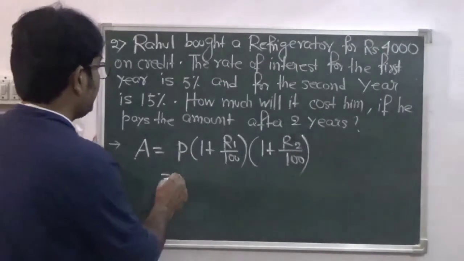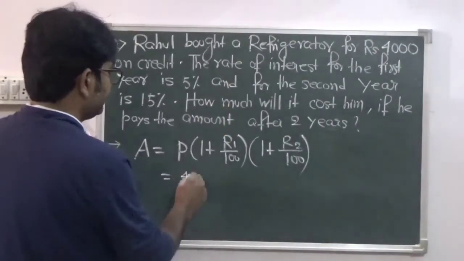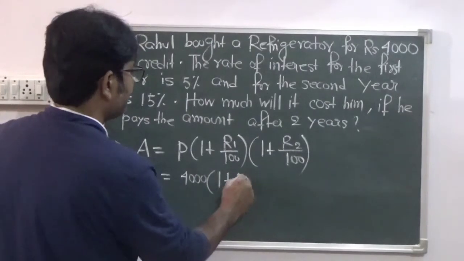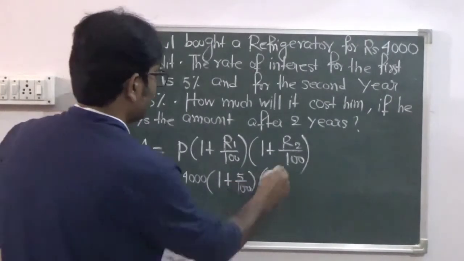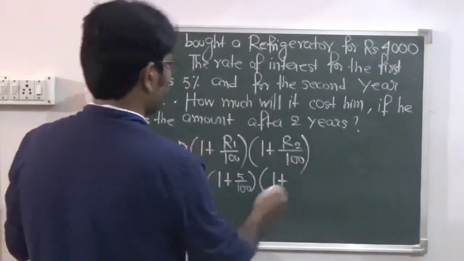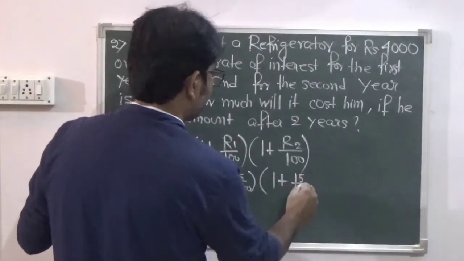So we have principal 4,000 into 1 plus 5 by 100 for the first year, and 1 plus 15 by 100 for the second year.